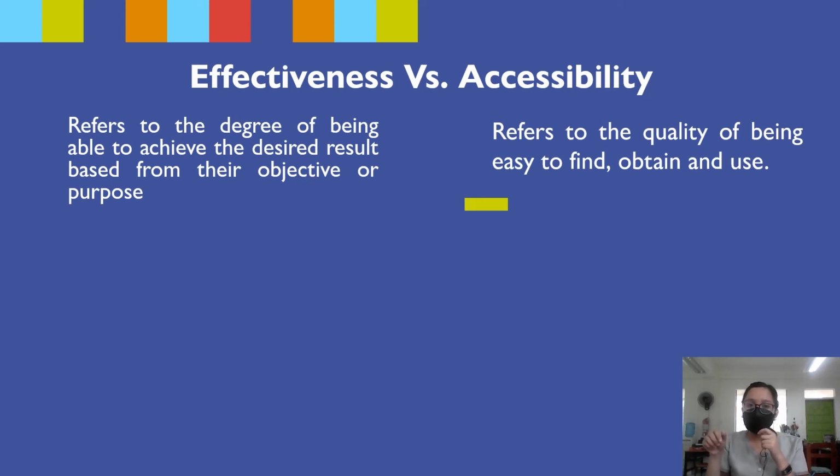Pag sabing effectivity, this is referring to the degree, the quality. When we say effective, it is achieving your desired result. So if you achieve your desired result based from your objective, you are effective. When you say accessibility, from the word access, it refers to being easy to find, easy to use, and easy to obtain. So that's the difference. Did you get it?